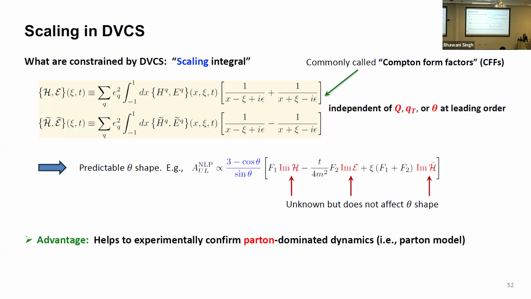Even though we know nothing about this square bracket, we know the overall theta dependence. And this is related to the scaling in DIS, and this is the scaling in DVCS. So by confirming the scaling phenomena, at least we'll be sure that it is the partons that are dominating the underlying dynamics.